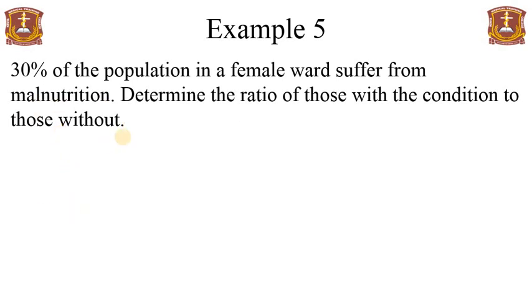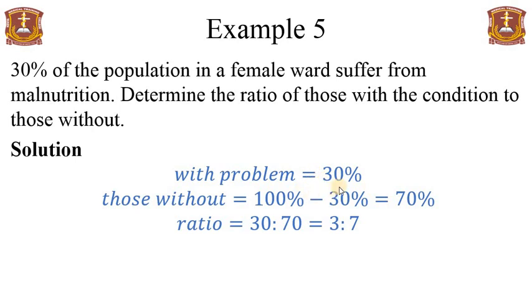That simply means the proportion who don't suffer is 100 minus 30, because the total percentage is 100. So if I have 30 with a problem, then without is 100 minus 30, which is 70. The ratio is simply the 30 with the problem to the 70 without.